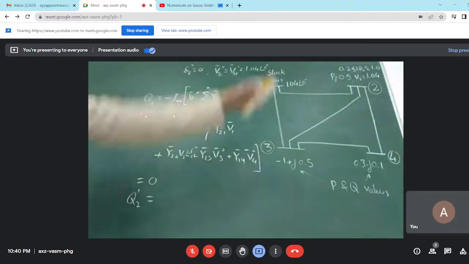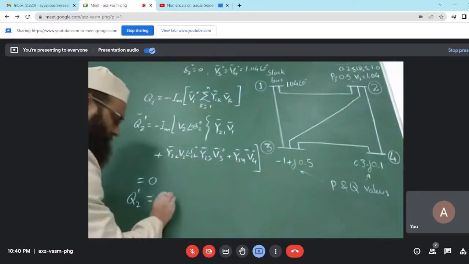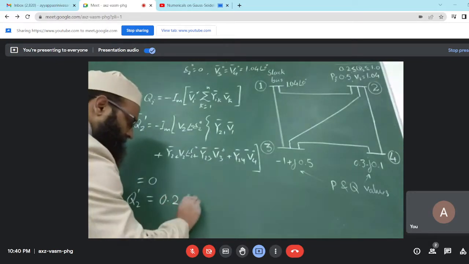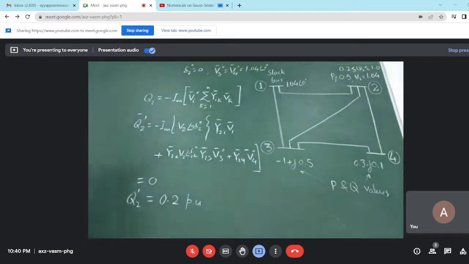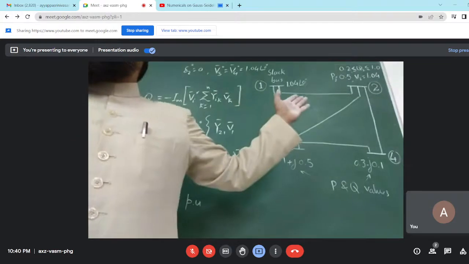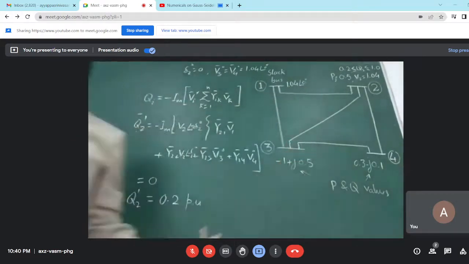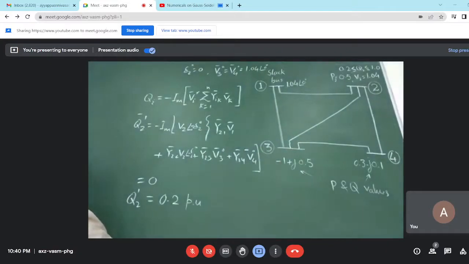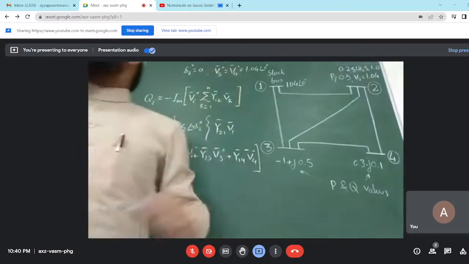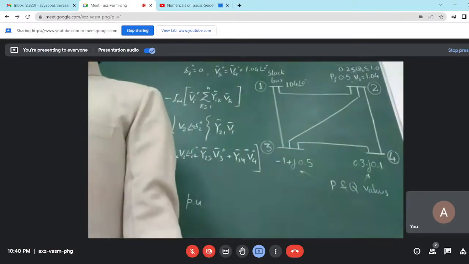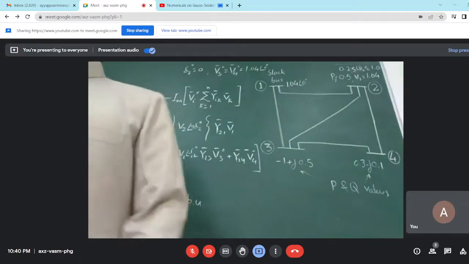We have discussed this. As it is now treated as a PQ bus, P2 will be this and Q2 will be this. Got the point? Once it is a PQ bus in this iteration, the variables will be V and delta.